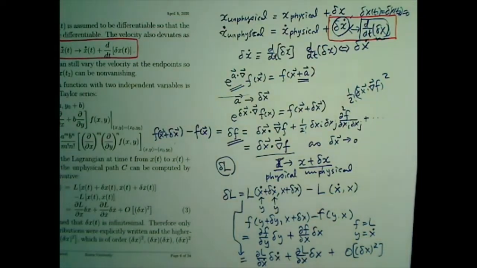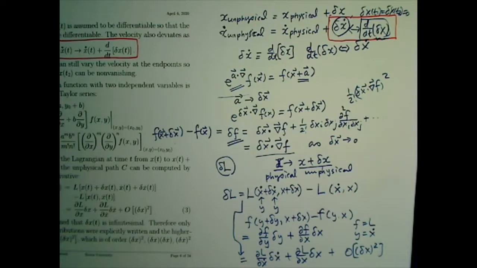Actually, if we vary the action, we first vary the Lagrangian, and the Lagrangian is the integrand of a time integral. And the Lagrangian has a kinetic energy and potential energy. Kinetic energy depends on the velocity, and potential energy depends on the position, x, the coordinate.